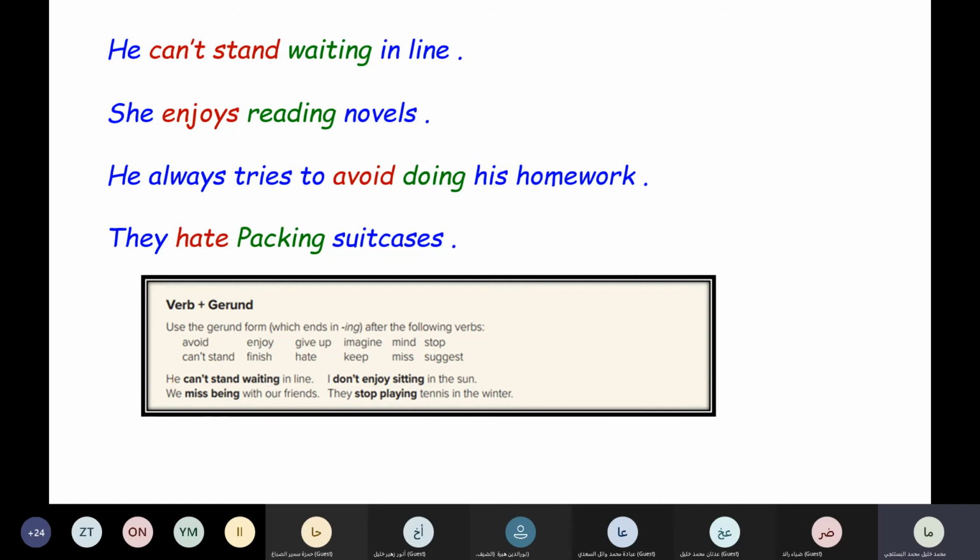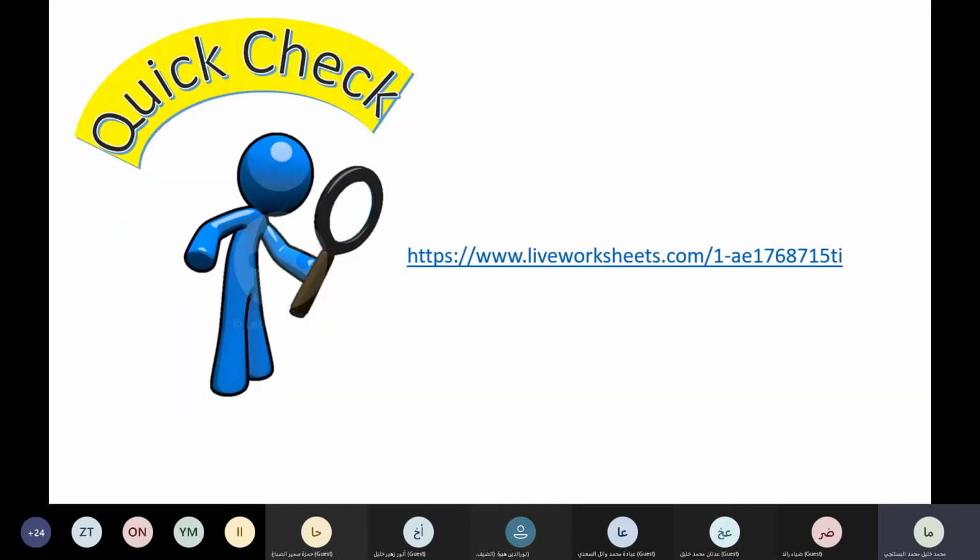He cannot stand waiting in line. I don't enjoy sitting in the sun. Enjoy is followed by a gerund. We miss being with our friends. They stop playing tennis in the winter. So these verbs must be followed by a verb with ing form, in other words, a gerund.